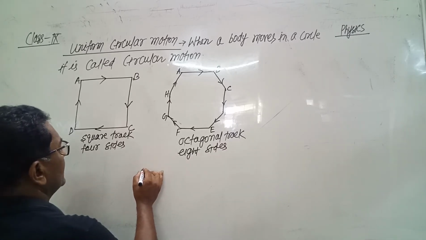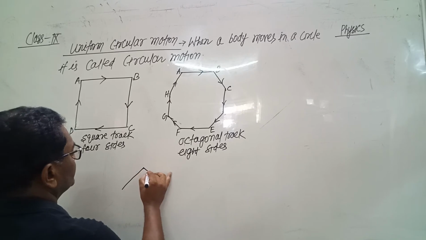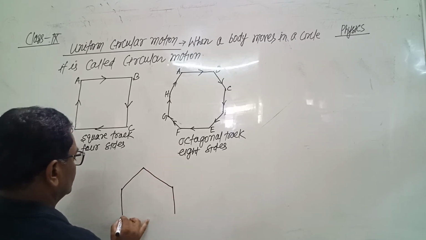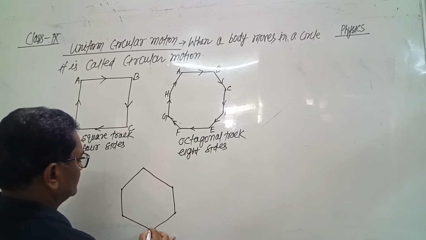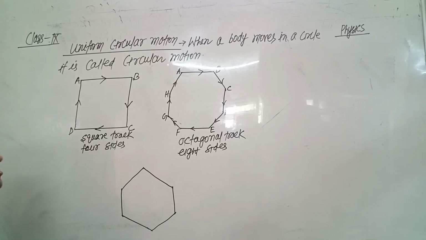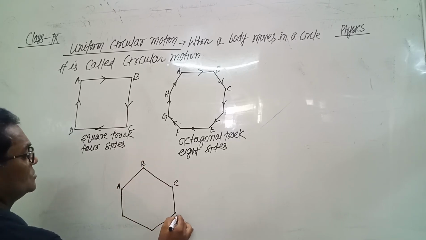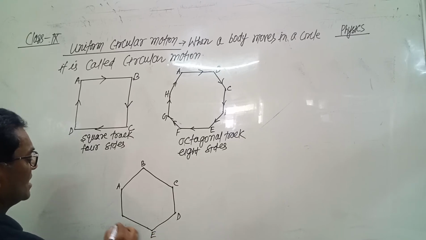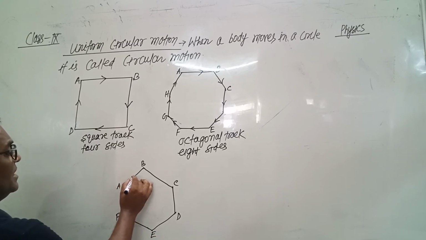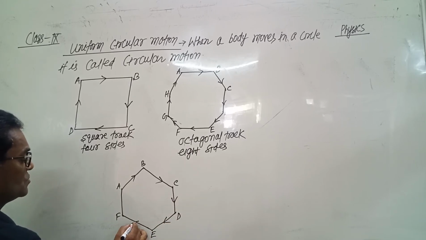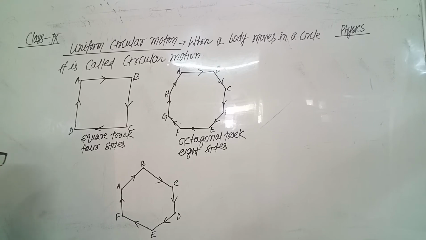Let us see another. Body started from point A, goes to B, C, then D, E, and then F. How many sides are there? 1, 2, 3, 4, 5, 6.